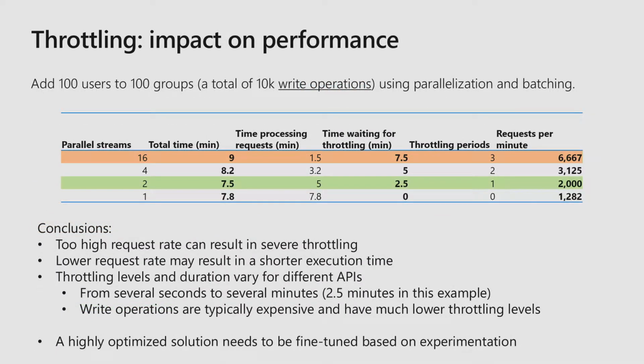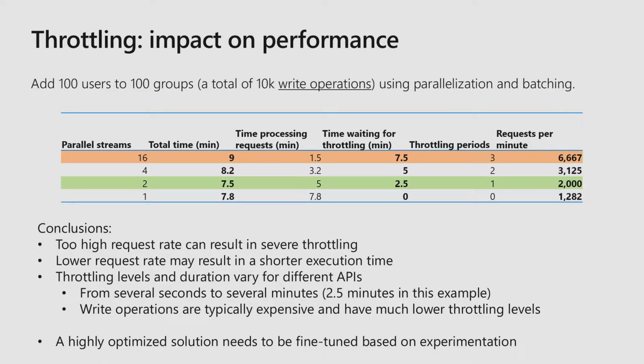Here's a short study that I did of what throttling means to your overall performance. It turns out that throttling, at least in Azure Active Directory, can significantly impact the overall performance of your app. So here what I did was I added 100 users to 100 groups each. So 10,000 write operations.